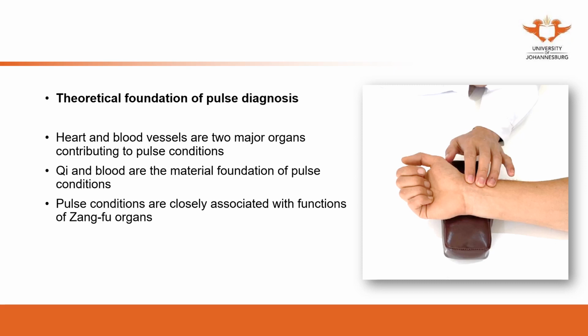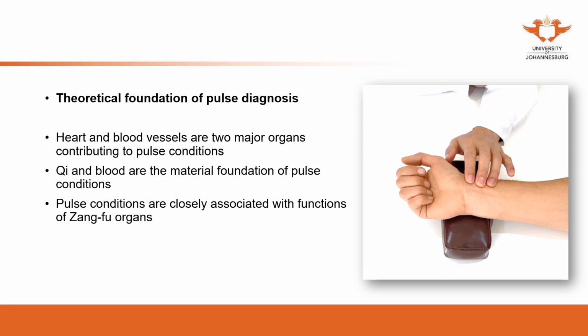And firstly, what is the pulse or what is the feeling related to? The first is the heart and blood vessels. These two are the major organs contributing to the pulse condition. The reason is the function of the heart.